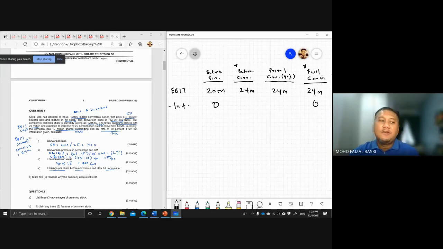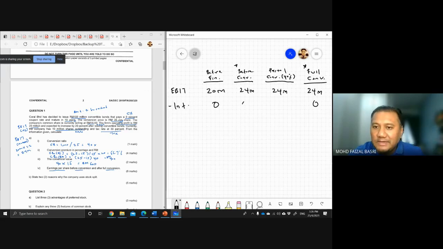So to determine how much interest needs to be paid, we take the coupon rate, which is 6%, and multiply with the 100 million amount to be raised. So 100 million times 6%, 6 million lah. 6 million ringgit is the amount of interest that this company needs to pay every year. So before conversion means everyone is still bondholders, right?